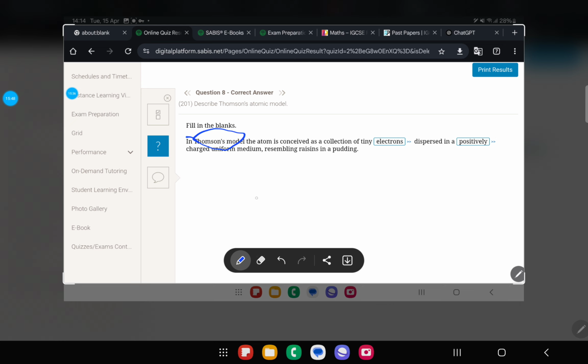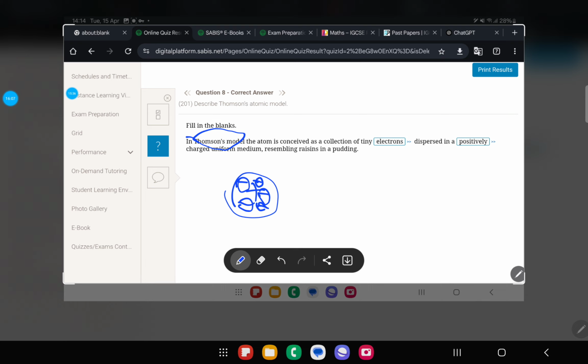Earlier, a long time ago, Thomson made a model for the atom, where they thought it was a positive medium, and there was a sea of electrons, negatively charged particles.